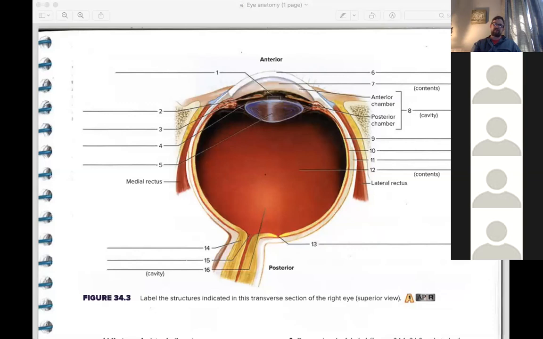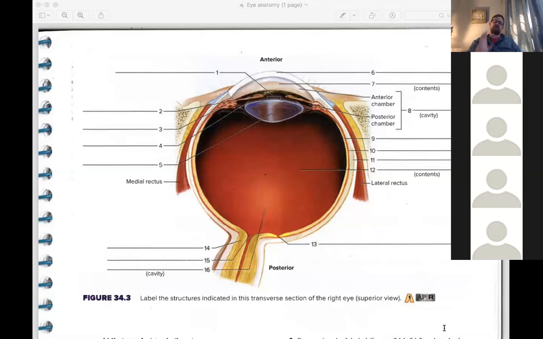It protects the structures of the eye, and it also serves as an attachment point for those muscles that I told you about on the last figure that you are responsible for looking at and labeling on your own. So the cornea and the sclera are part of the fibrous outer tunic.